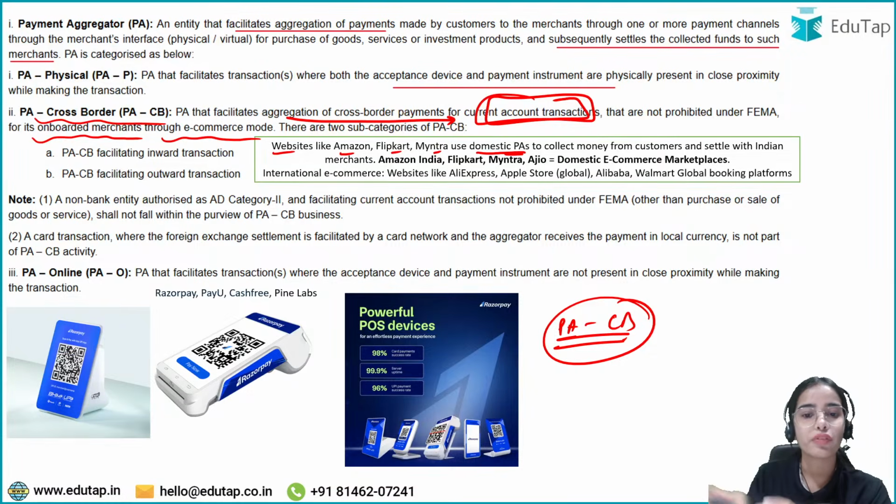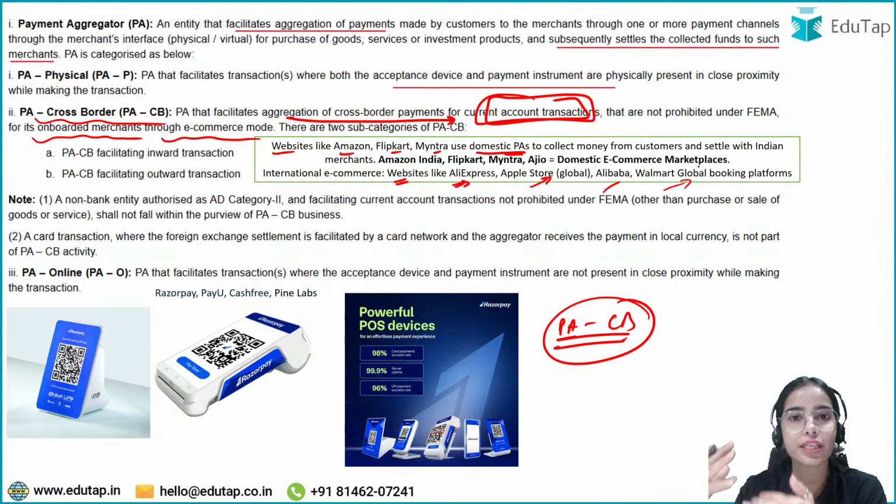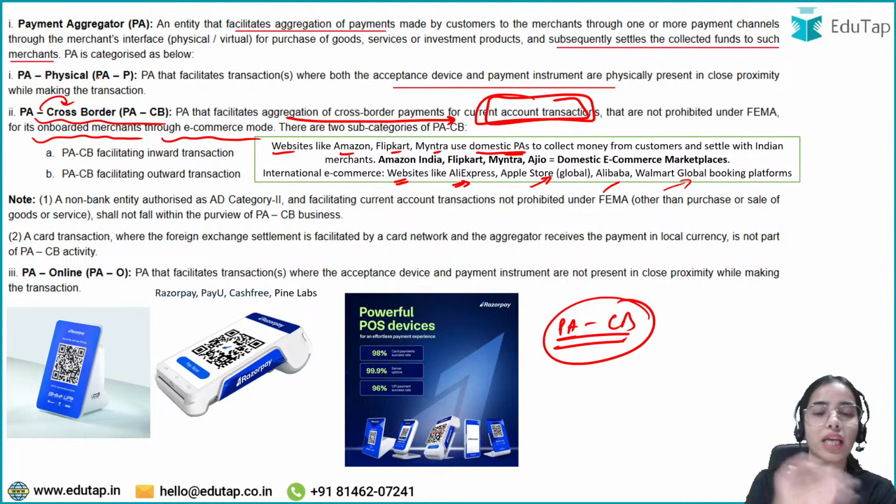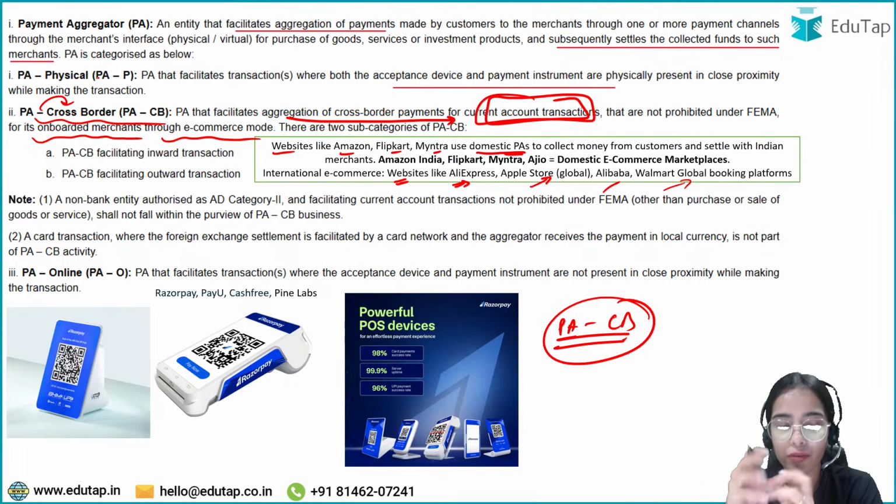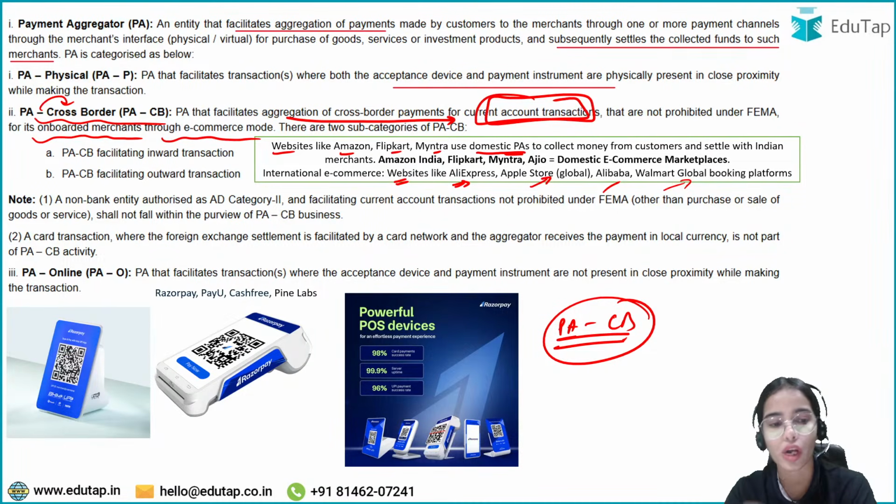So Amazon India, Flipkart India, Myntra India, they use the domestic payment aggregators. But the websites like AliExpress, Apple Store, Alibaba, Walmart, if they allow for the Indian citizens to buy from them, then there is the payment aggregator cross-border that will be allowed. That will facilitate the inward transaction or outward transaction.